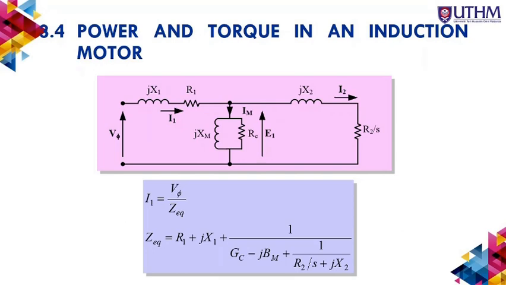Then this is what we saw before, the final equivalent circuit. If you can see from here, Z equivalent, this part, R1 plus jX1 and also this side. If I shorten it, this is X1 and this is R1.